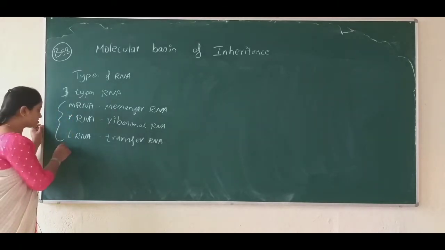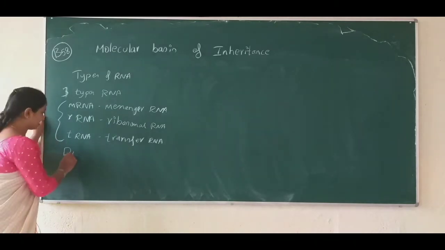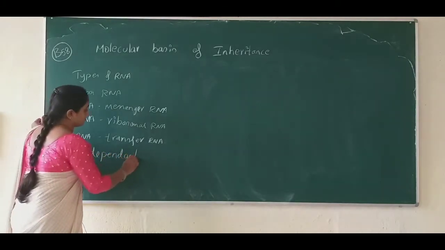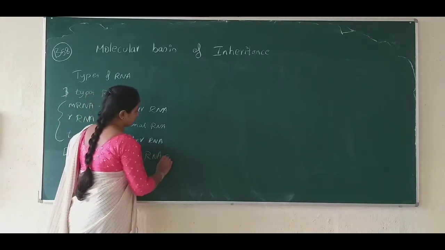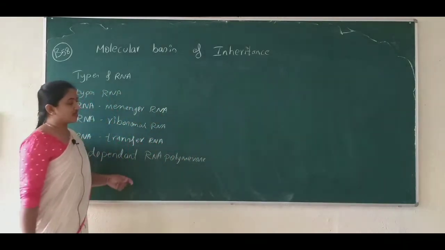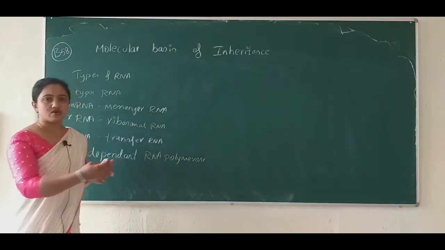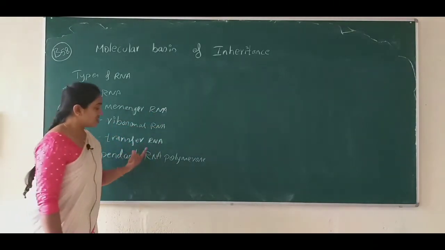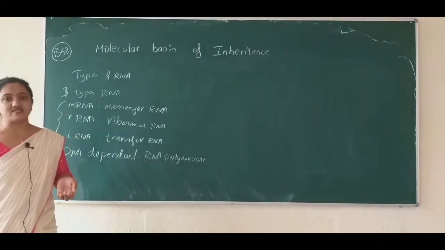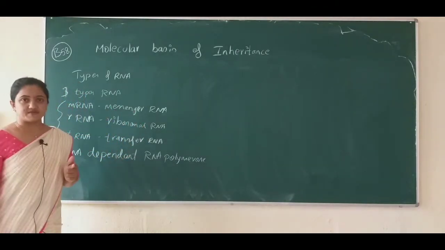In prokaryotes, only one RNA polymerase is needed, that is DNA dependent RNA polymerase, which helps to synthesize the mRNA in the process of transcription.